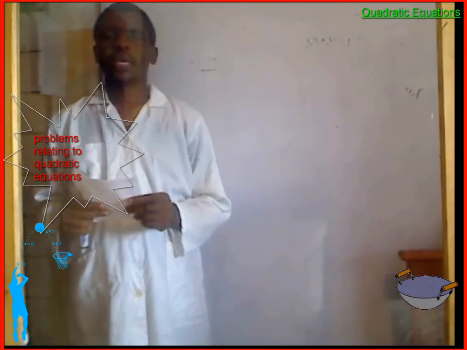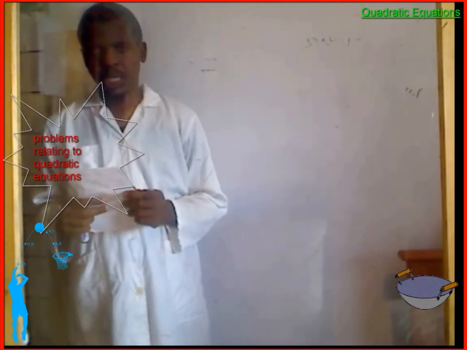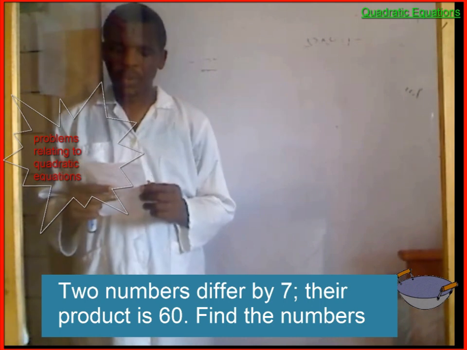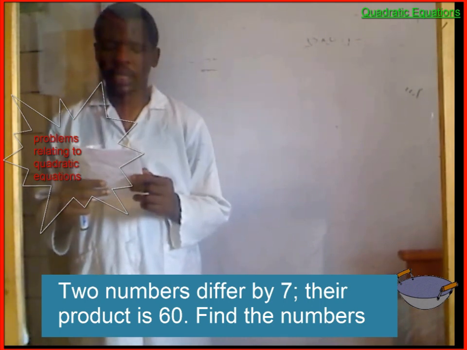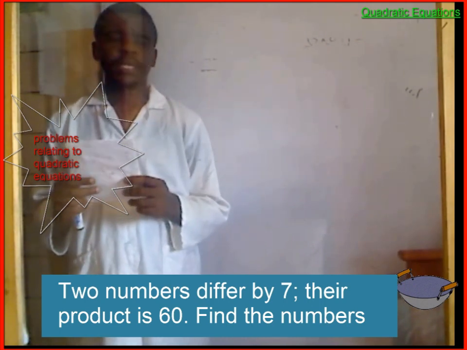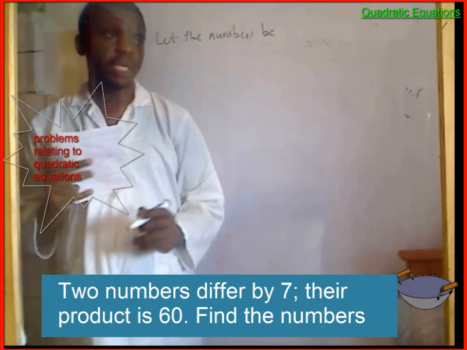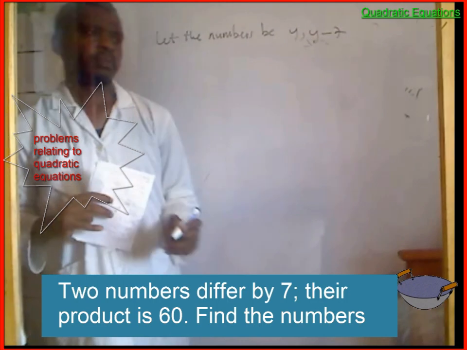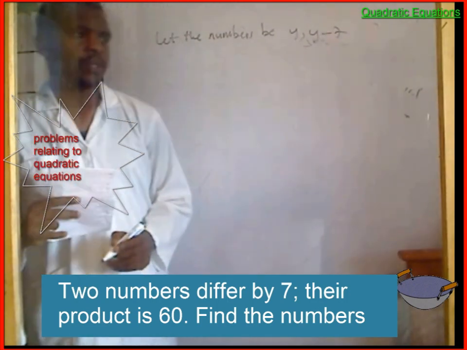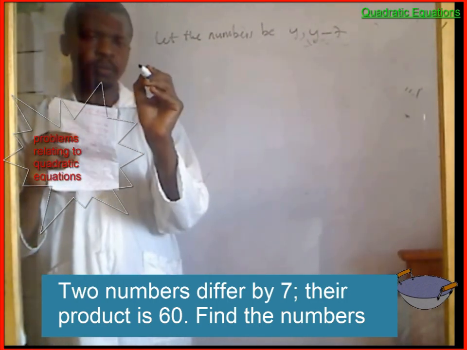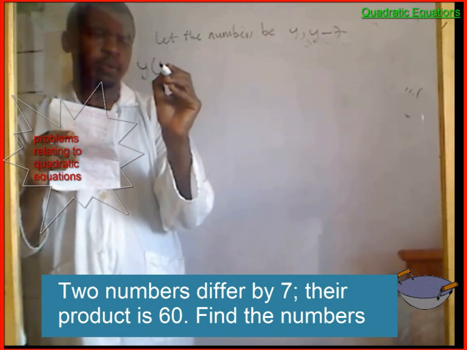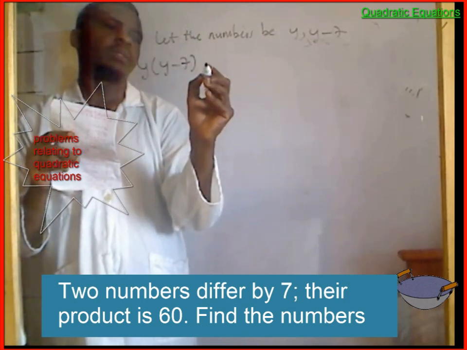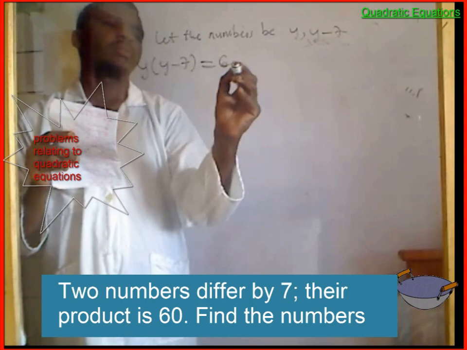So let's solve a problem that concerns quadratic equations. Two numbers differ by 7. Their product is 60. Find the numbers. Let the numbers be y and y minus 7. We are told that the product of the two numbers gives us 60. y times y minus 7 is equal to 60.